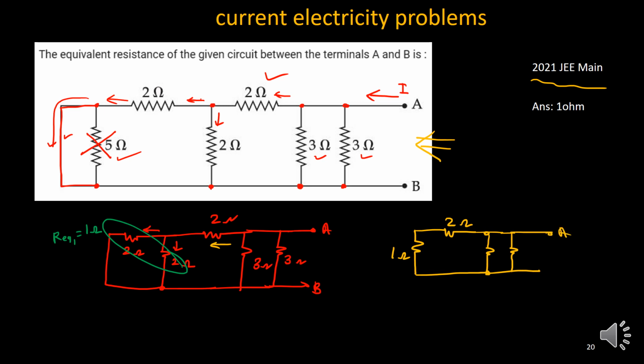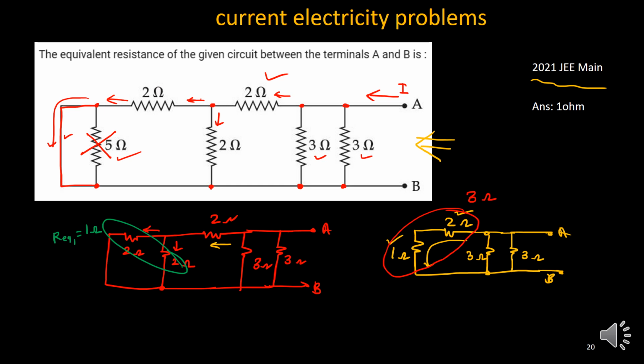This is your A, this is your B. Now the same current is flowing through this one. So now 2 ohms and 1 ohm, they are connected in series. So this one I can replace by one resistance. Its resistance is 3 ohm because they are connected in series, because the same current is flowing.